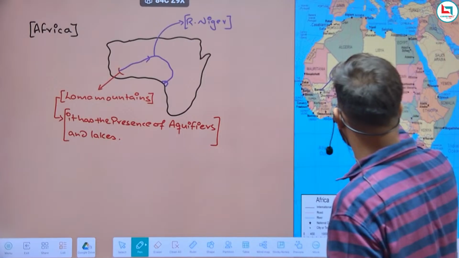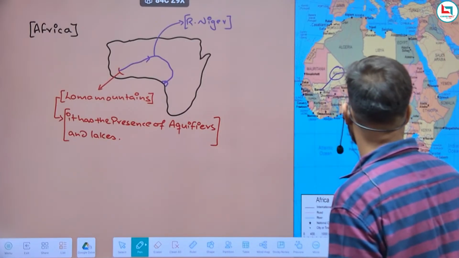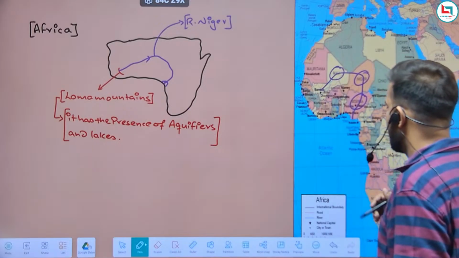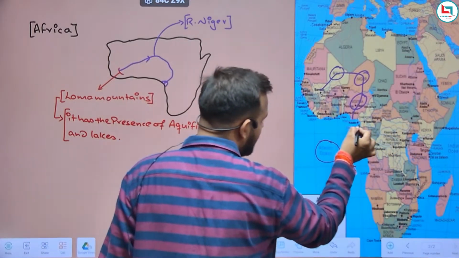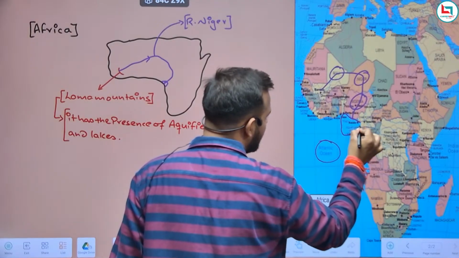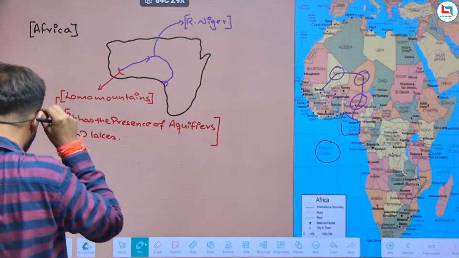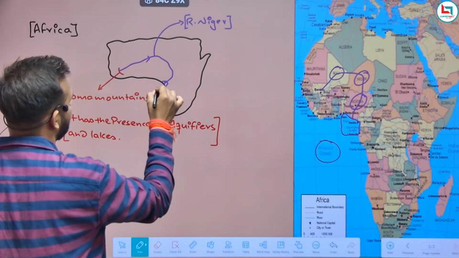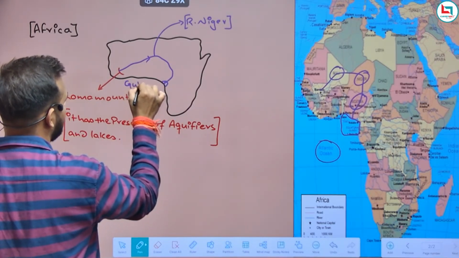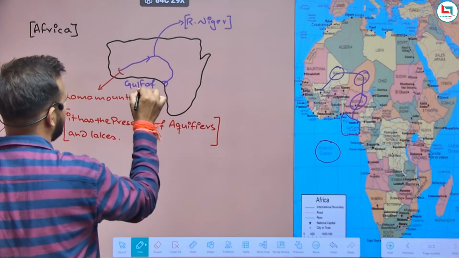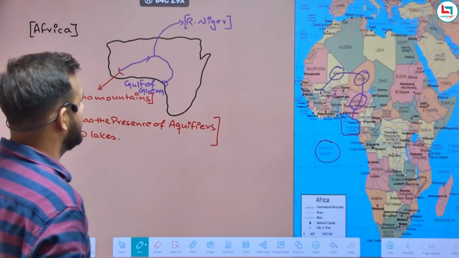From here the river originates like this, and River Niger drains into the Atlantic Ocean. This particular area is known as the Gulf of Guinea. So River Niger drains into the Gulf of Guinea.